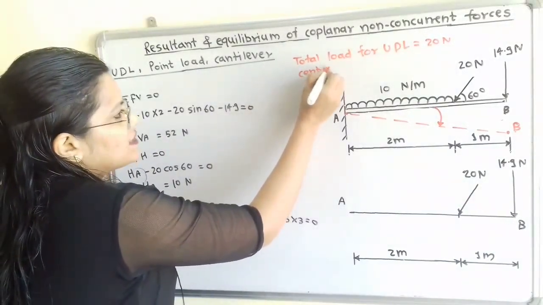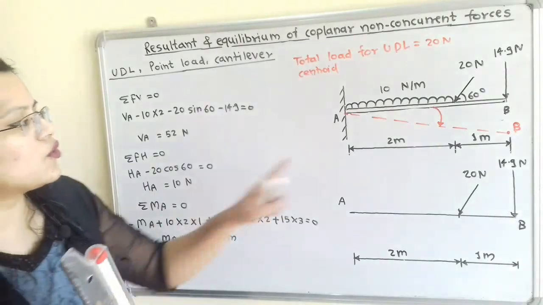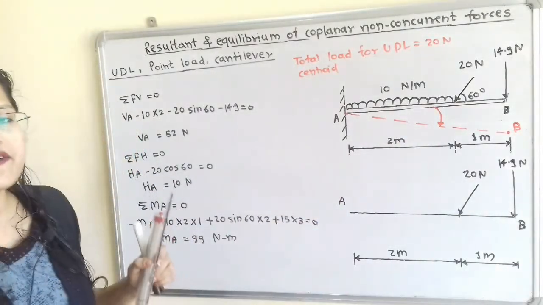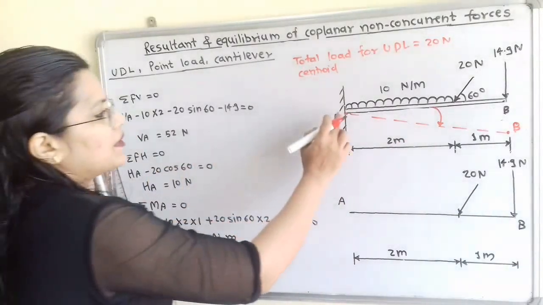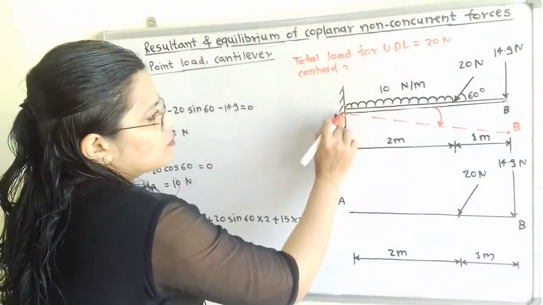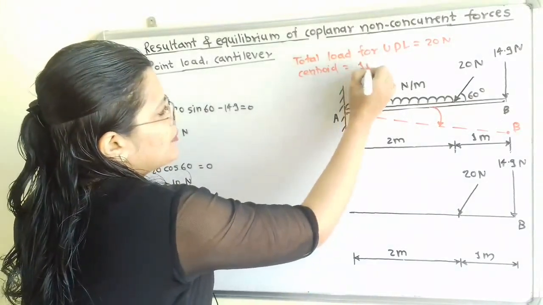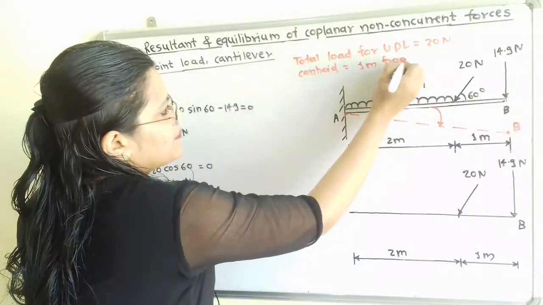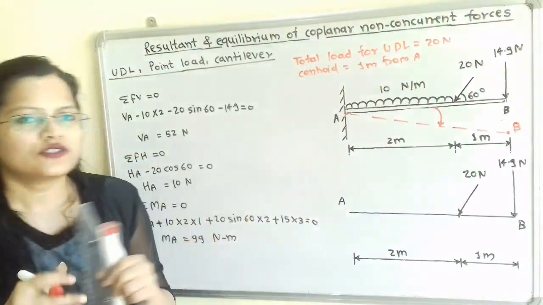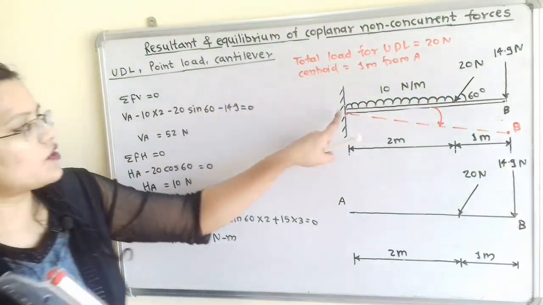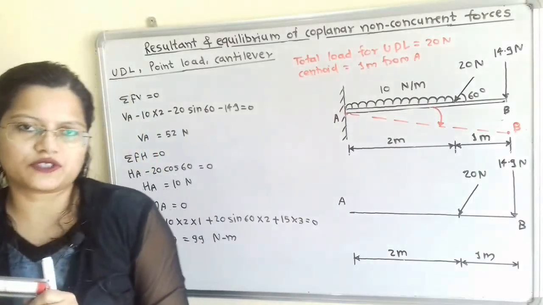Centroid is always the middle point. So for 2 meter, the middle point is 1 meter from end A. So here is end A, 1 meter from A. This information is important for the uniformly distributed load.